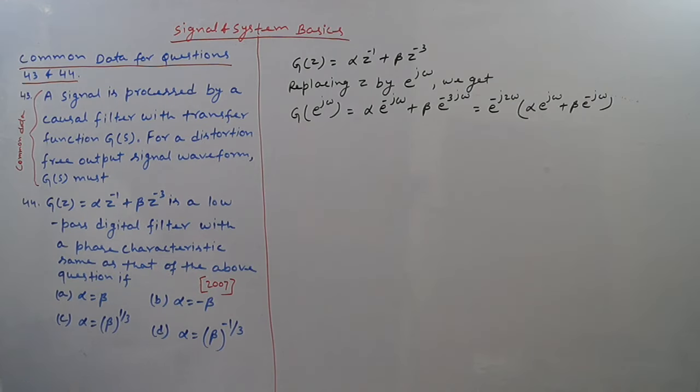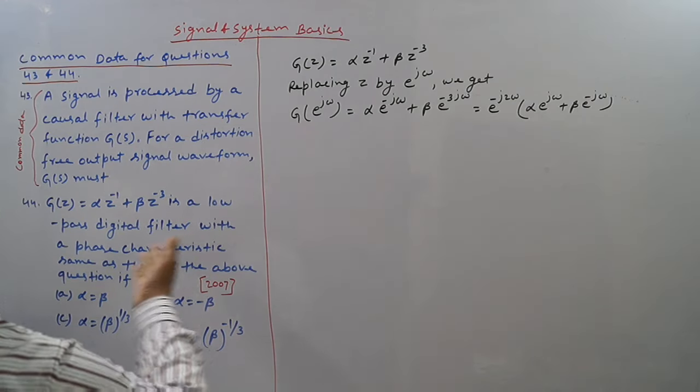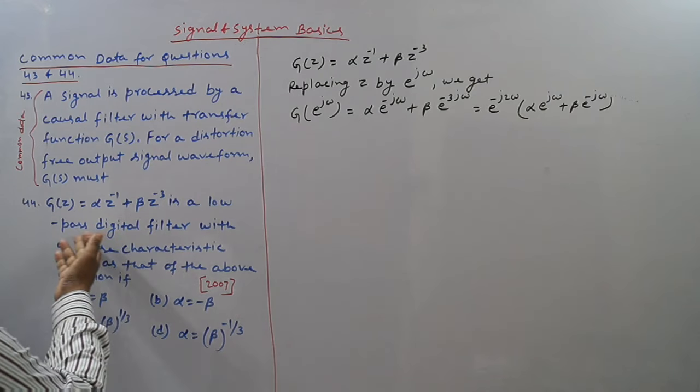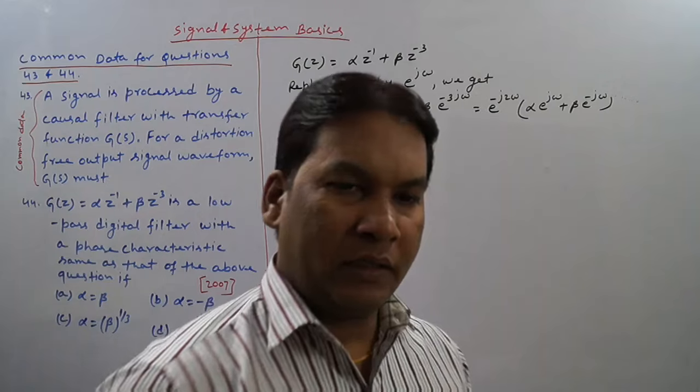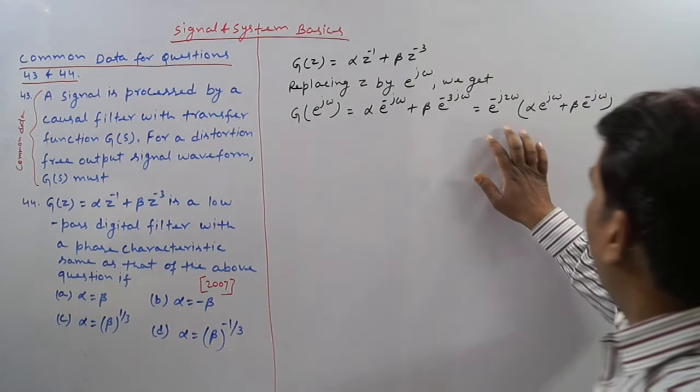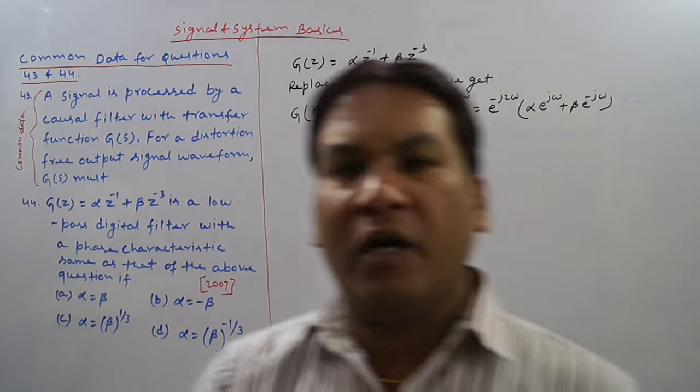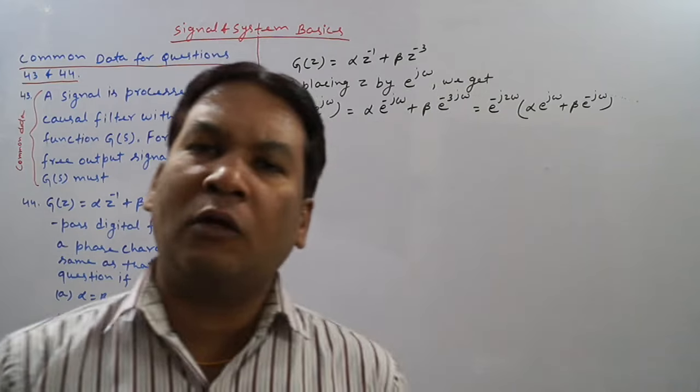For the signal to be distortionless after passing through G(z), after passing through this low pass filter, all the frequency components must be shifted proportional to their frequency.